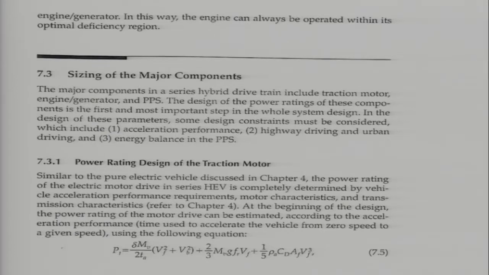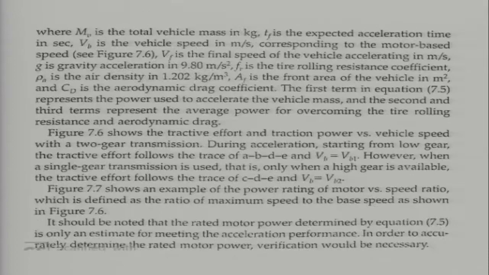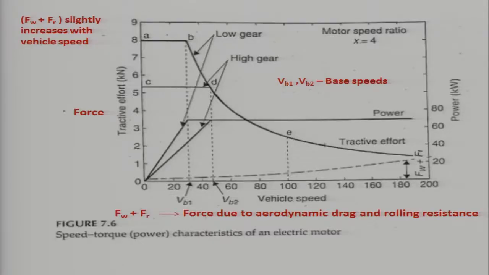These are the two proportionate components. This is actually the power equation, so these are the power components. But if you find the equivalent force components, this is for the rolling resistance and this is for the aerodynamic drag. These two components have been shown in this diagram.